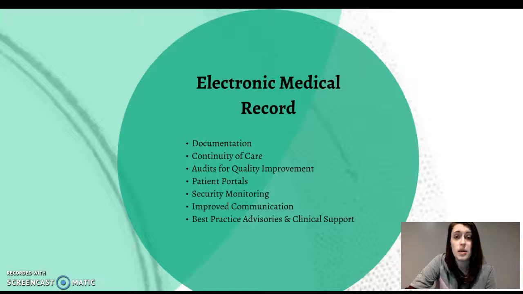This also provides patient portals. The new thing is patient portals. A lot of new physicians' offices are creating these, and this gives the patient access to their own electronic medical record. A lot of patients oftentimes don't even know, especially if they're older, a lot of their health information. This keeps it in one spot. This keeps the patient informed.